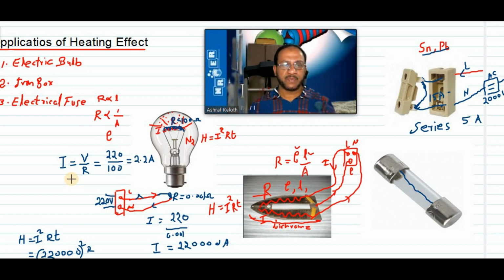You might have read in the newspaper that a building burned because of a short circuit. That is one reason for excess current in a circuit.